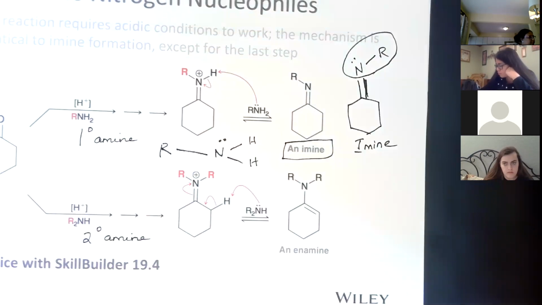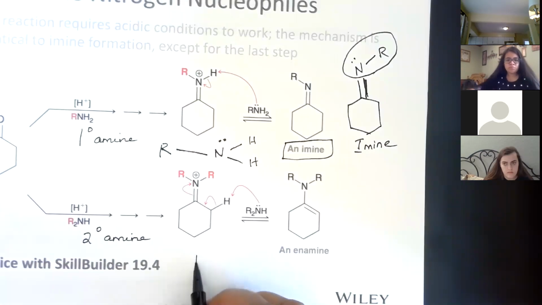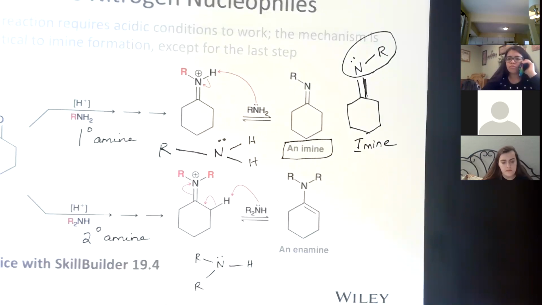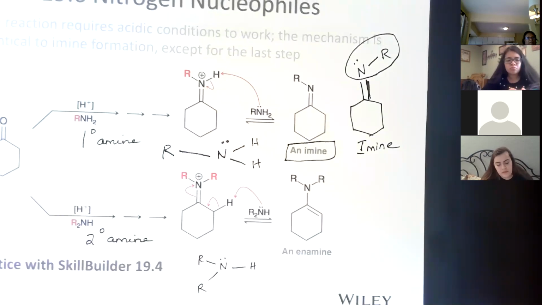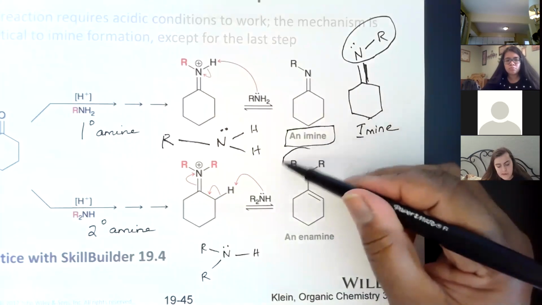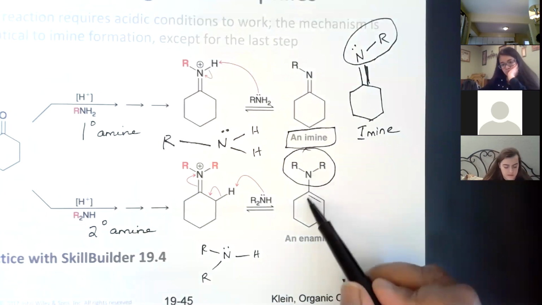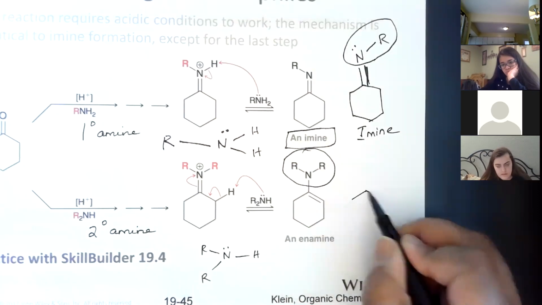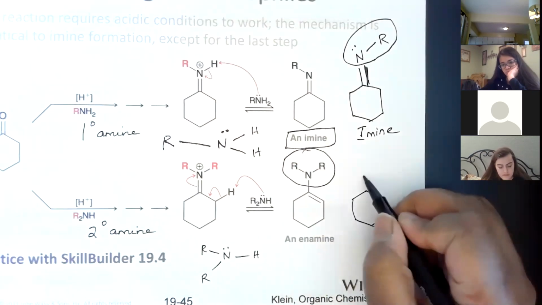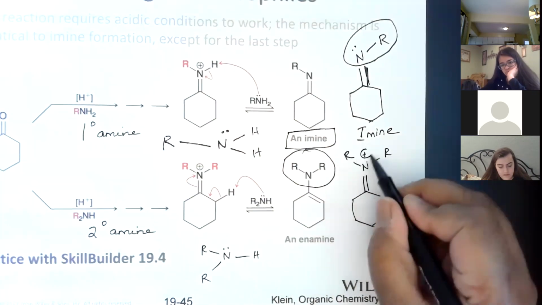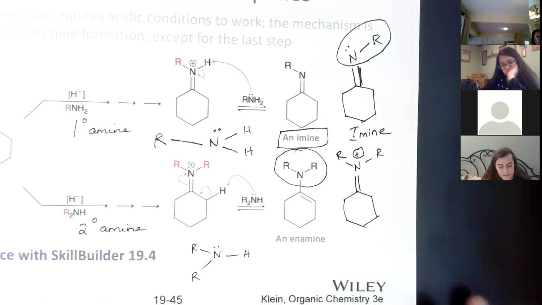Now, the secondary amine, look at the structure. It has two R groups. So nitrogen at the end gets rid of all the hydrogens it has, but it cannot get rid of the R groups. So you cannot have a double bond here and have two R groups. Nitrogen will have a positive charge. You see that?